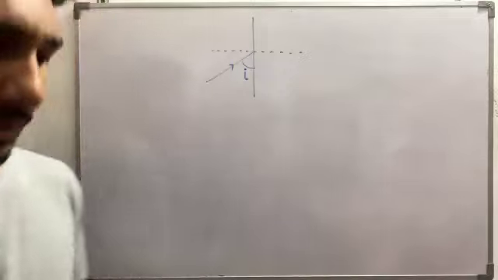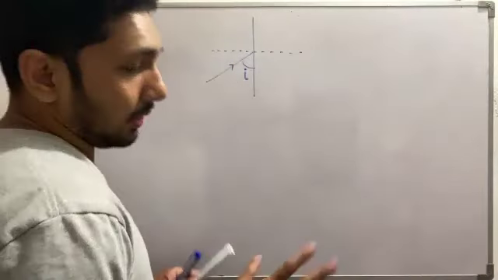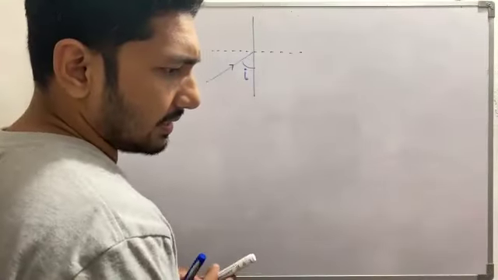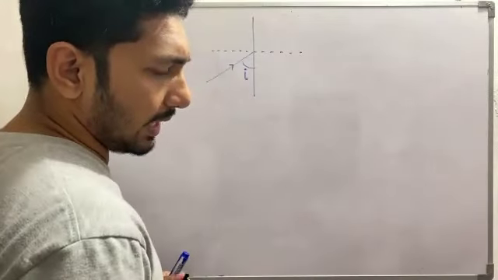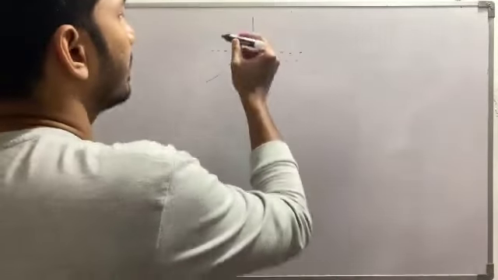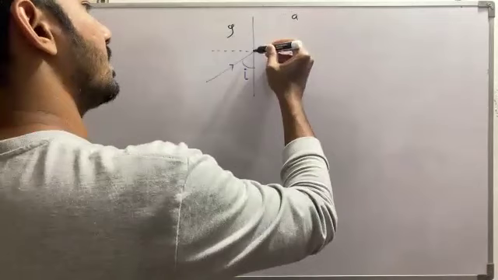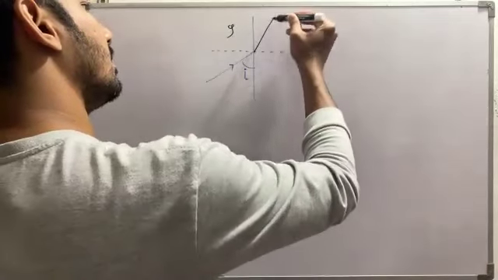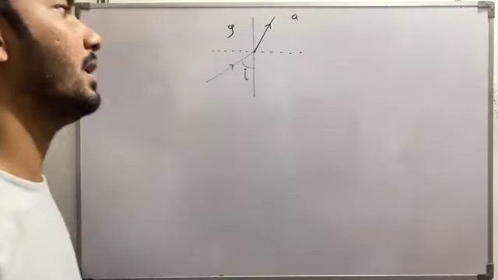What is deviation angle? Now tell me where is glass? Glass to air, no? This is glass and this is air. So it will refract away from the normal like this.